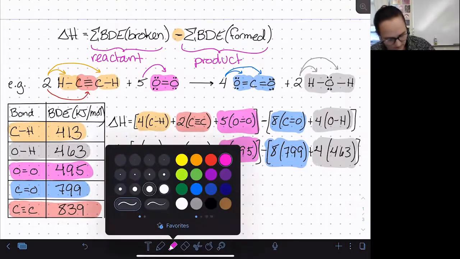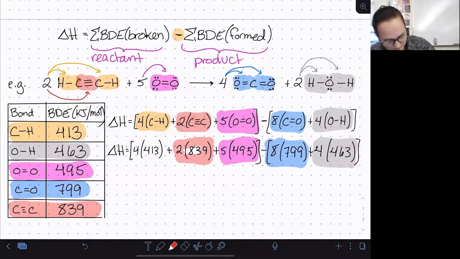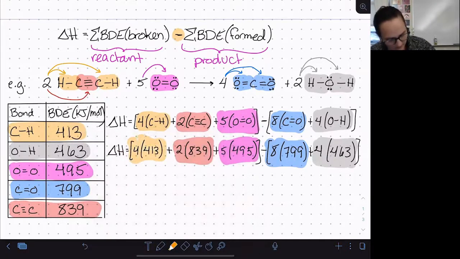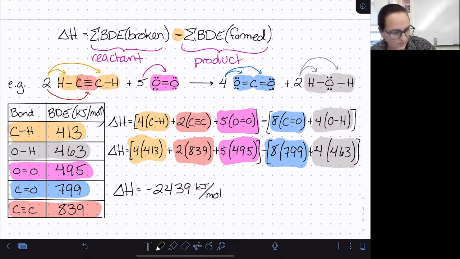When we do that calculation out, we find negative 2439 kilojoules per mole.